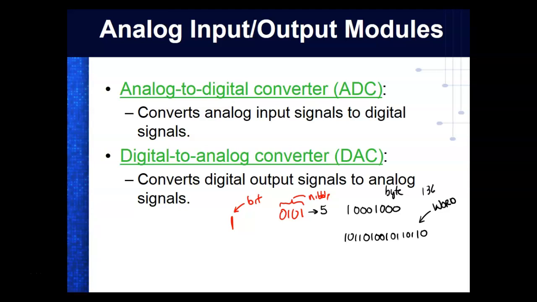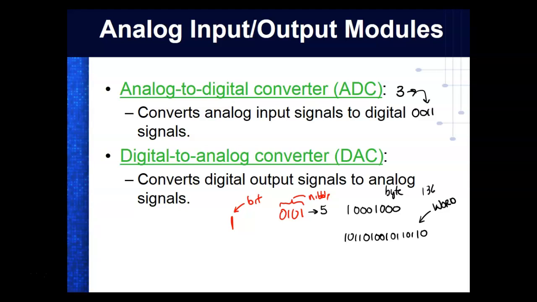So what we do is we take an analog input that might be, let's say, 3 volts. It comes into the A to D converter, and then it would convert it into a binary number that represents that. So that would be a 3. That makes sense? And then it's up to your computer to figure out. So an analog to digital converter takes an analog and converts it over to a binary number inside your computer.